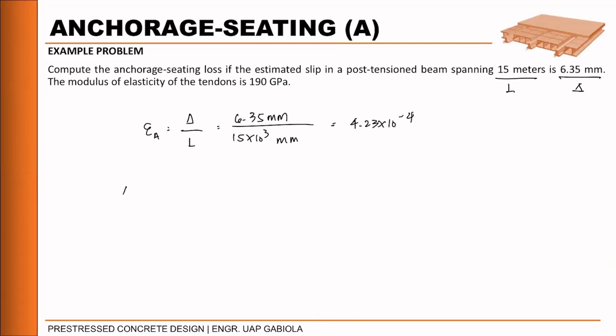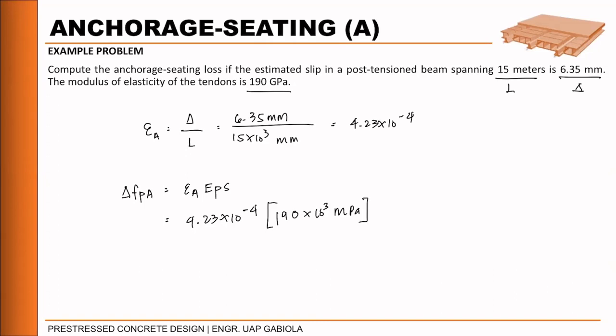So, makuha natin yung value ng loss, okay, using E times epsilon, yung value ng modulus of elasticity ng pre-stressing strand na given na 190 GPa. So, this is 4.23 times 10 to the negative 4 times 190. So, 190 times 10 to the 3 MPa.